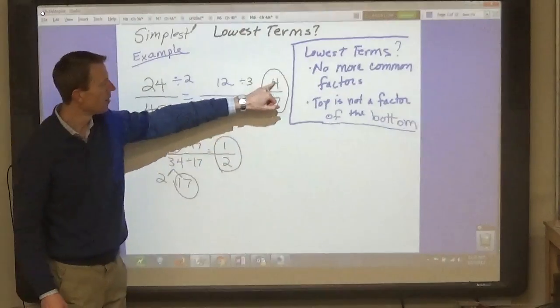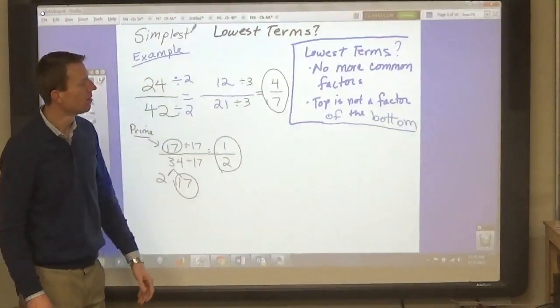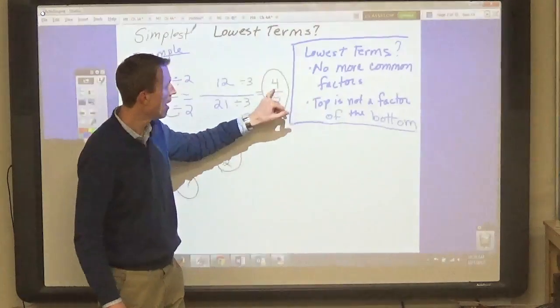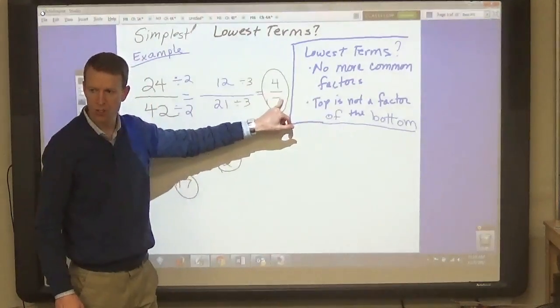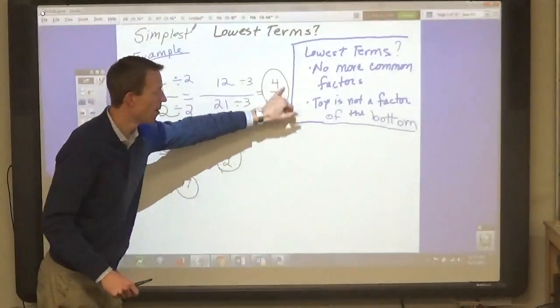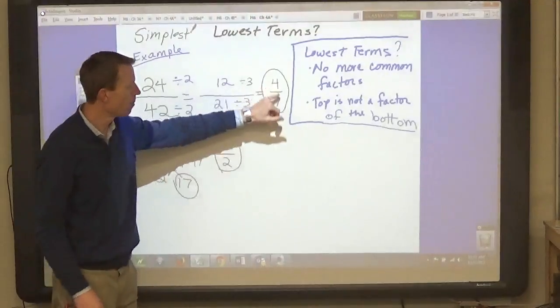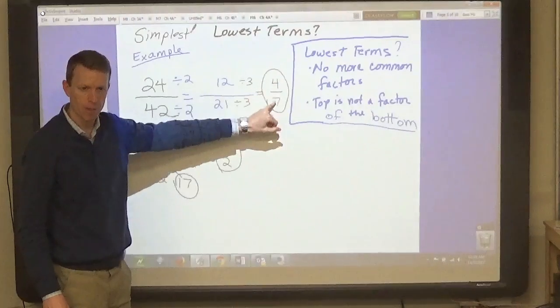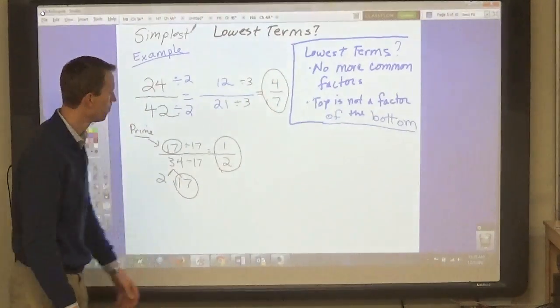So divide it again. And then you get 4/7. Simplest form means that there are no more common factors, meaning there's no more numbers that you can divide both numbers by, and the top number is not a factor of the bottom number. You can't divide the top number by the bottom number. Okay?